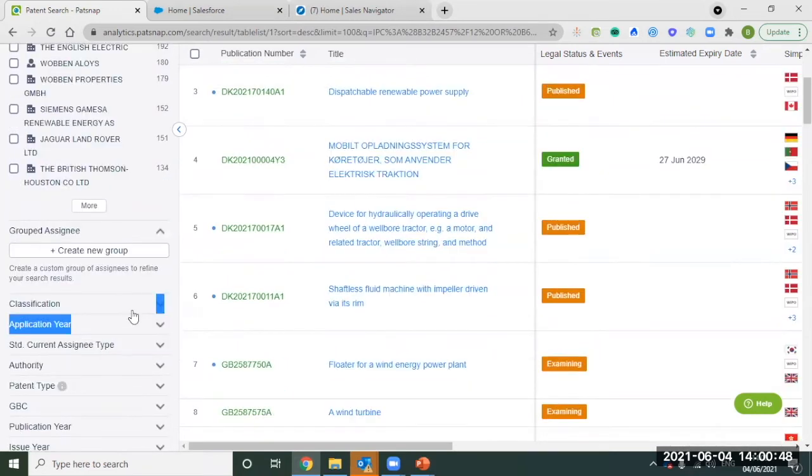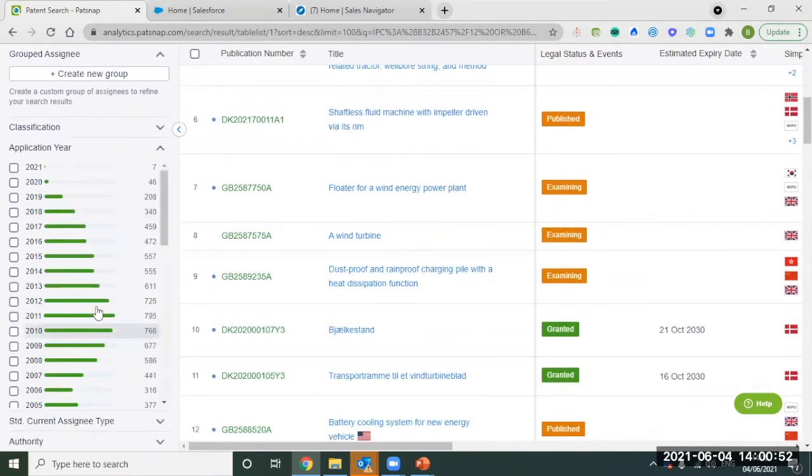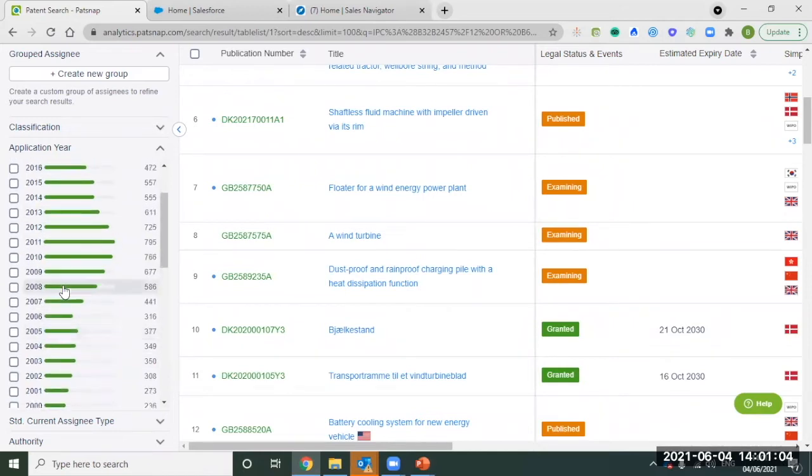We can also look at application year, trying to understand the general trend within this technology space. So we can see that within electric vehicle charging systems and propulsion systems that use renewable energy, such as kinetic energy from wind and hydro, the innovation rate really peaked in 2011 and has been slowly decreasing since then.